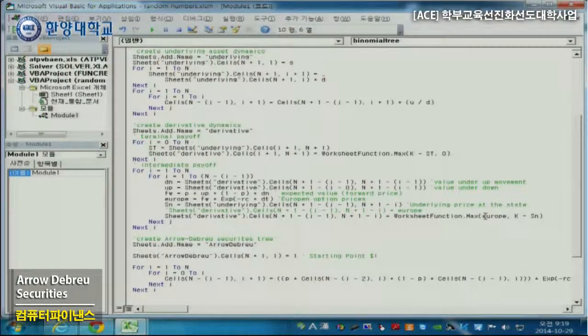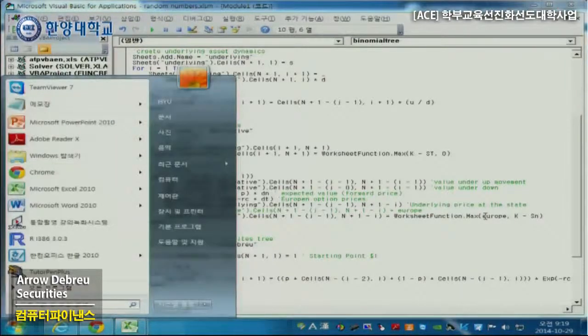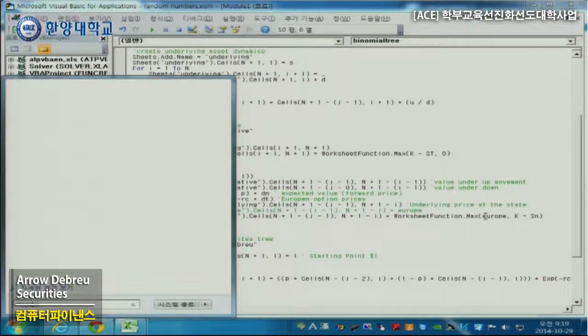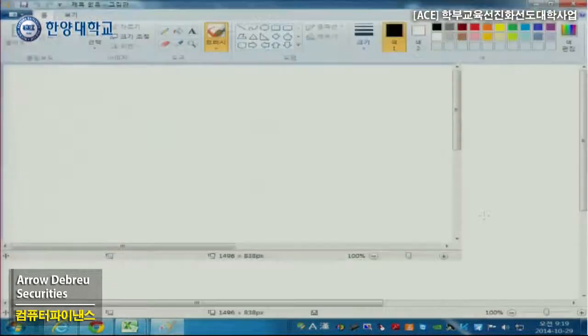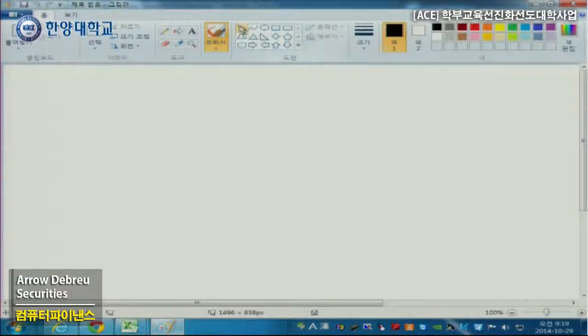So the simplest one would look like this. Let's pick 0 and 1. And suppose I'm interested in generating a random number between 0 and 1.